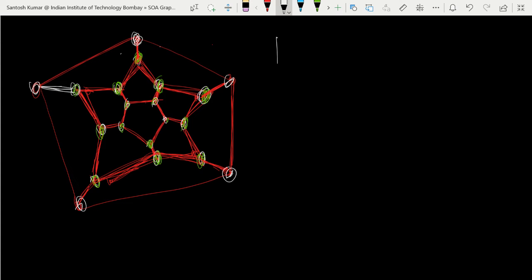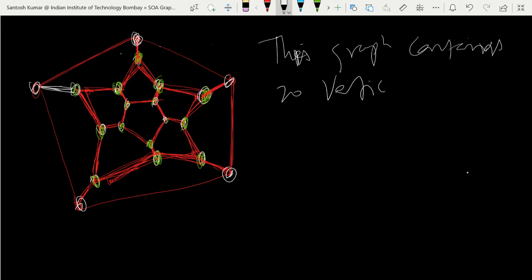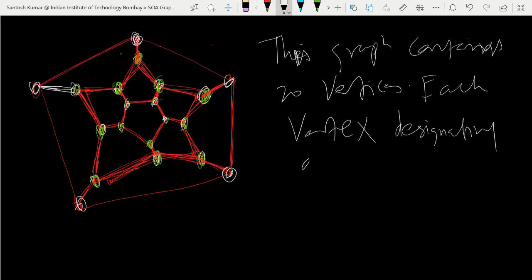So this graph contains 20 vertices. Each vertex designates a city. So the question is, is it possible? Each vertex represents a city.